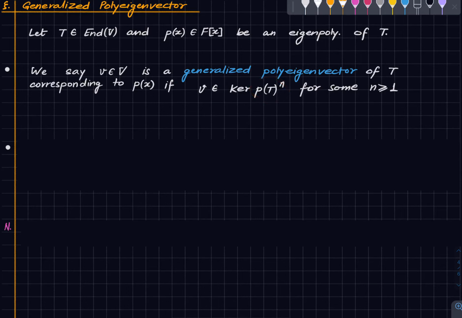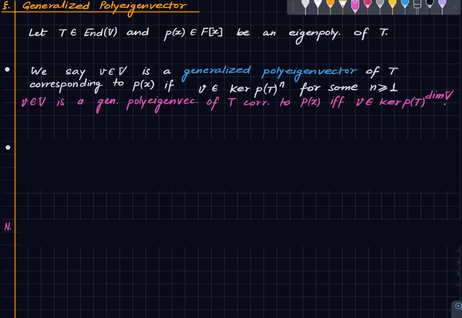But at the same time, by what we recalled in the beginning, an alternate way to define generalized polyeigenvectors would be to say the following. A vector v is a generalized polyeigenvector of T corresponding to the eigenpolynomial P(x) if and only if it belongs to the kernel of that thing.